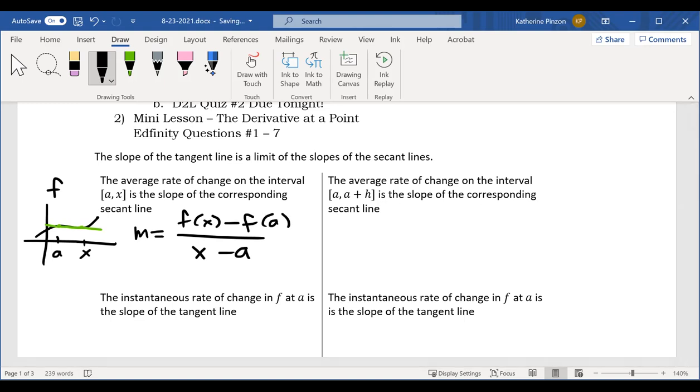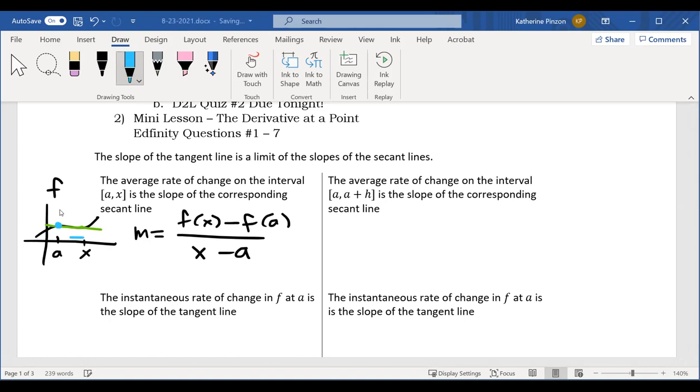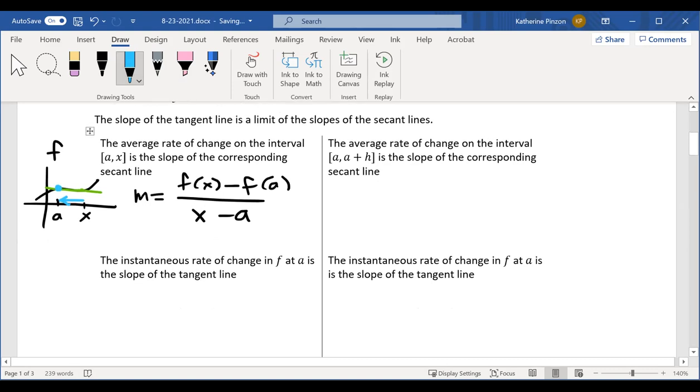If I want to find how fast this function is changing right at the point A, what I want to do is make that x value that I'm using get closer and closer to A. I want to take the limit as x approaches A of this piece, and that will give me the instantaneous rate of change.